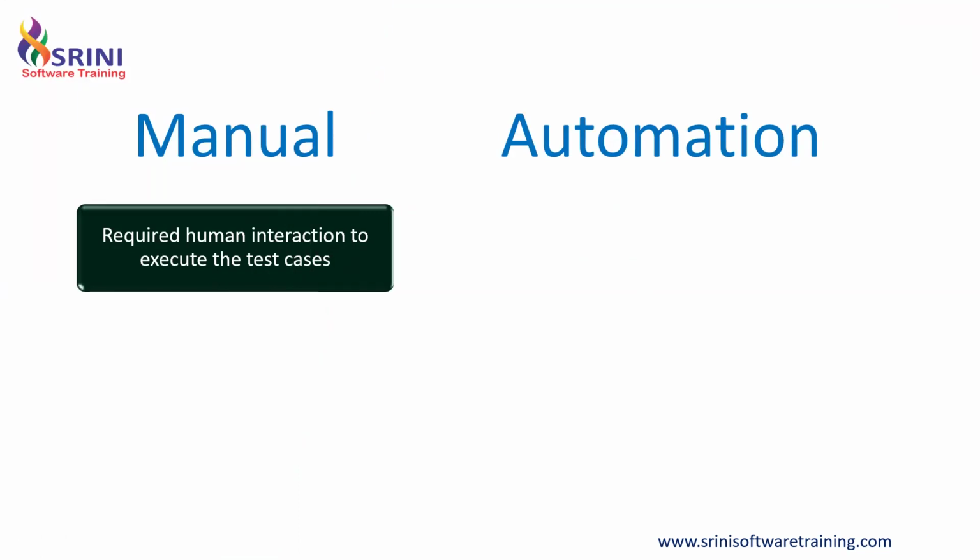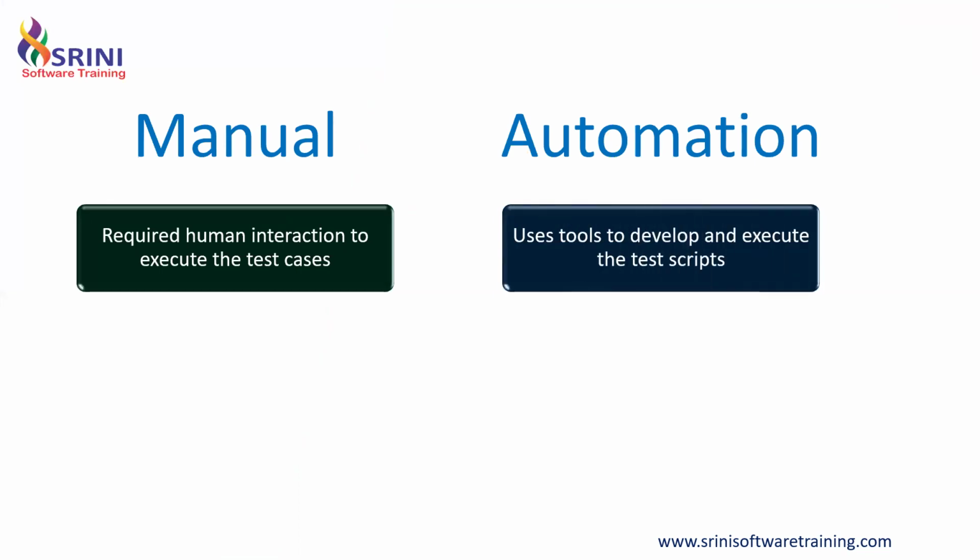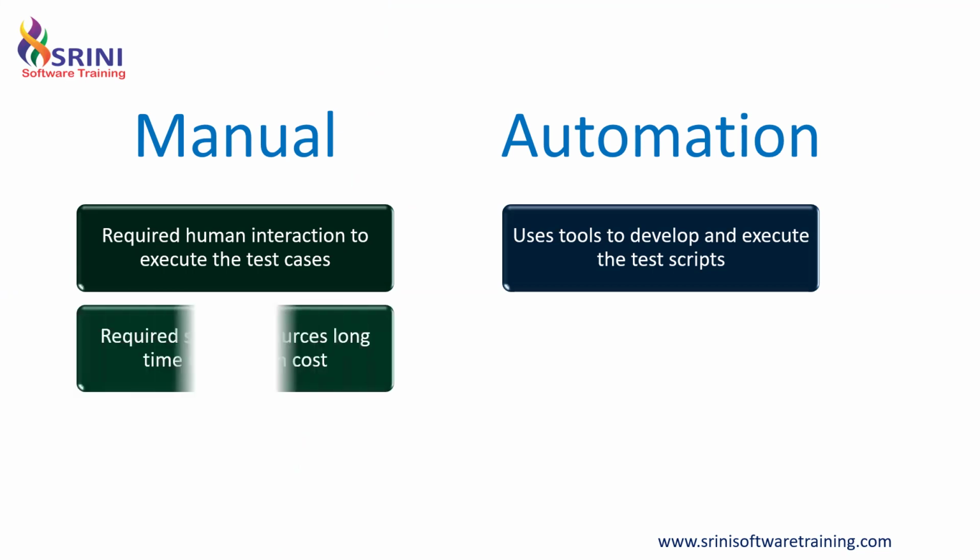Manual requires human interaction to execute the test cases for validation and verification. But automation requires a Selenium tool to develop and execute the test scripts. Even 1 million applications can be tested simultaneously. Don't compare manual and automation testing. That's completely different.